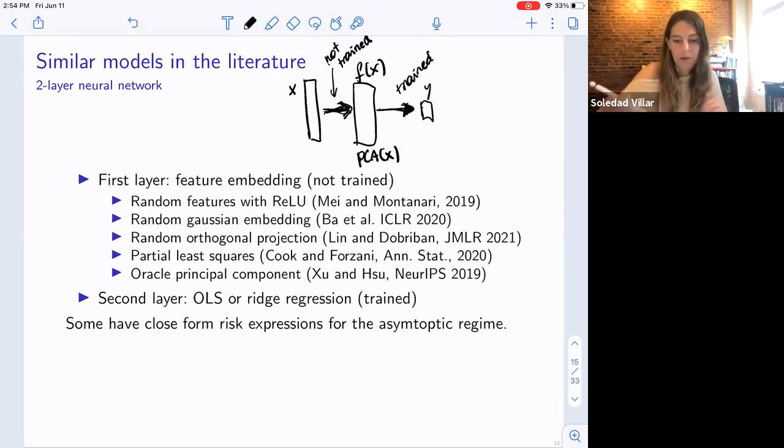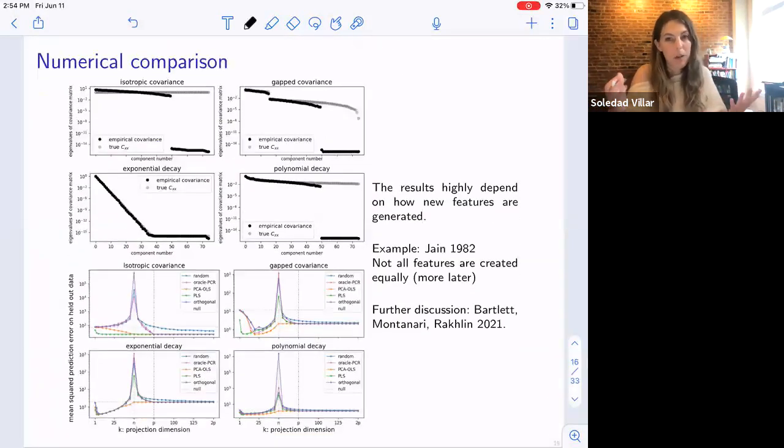But if you look at all these regression models and how they perform experimentally for this specific problem, you see that they all exhibit this peak because they are not regularized, and they all converge to the same thing, even with PCA.